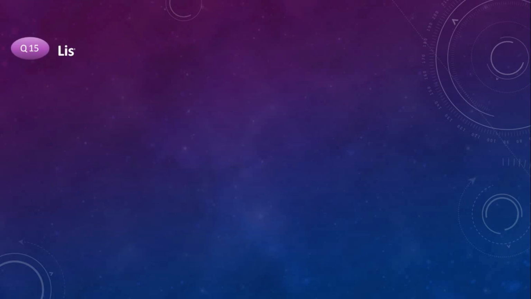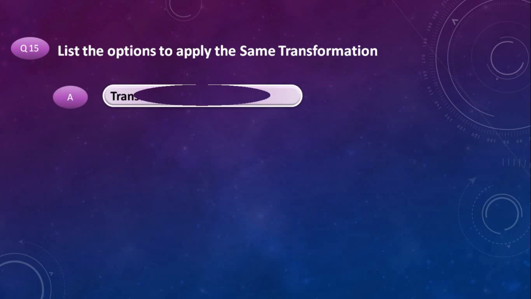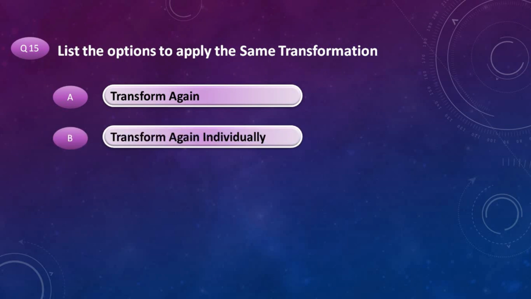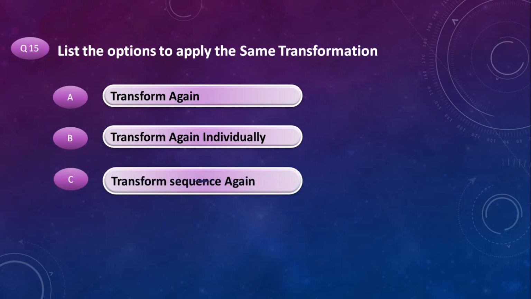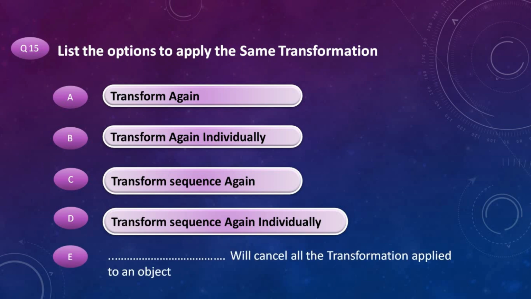The next one, list the options to apply the same transformation. Transform again individually, transform sequence again individually, and clear transformation will cancel all the transformation applied to an object.